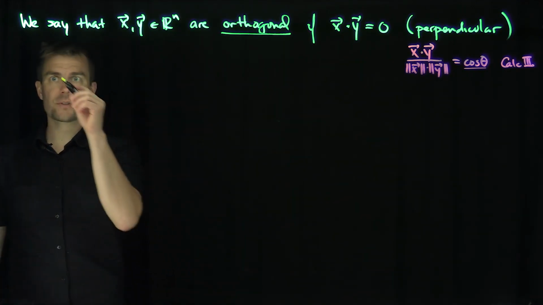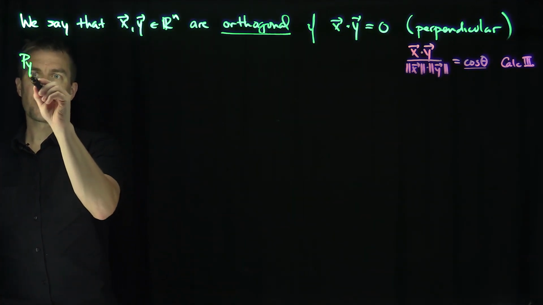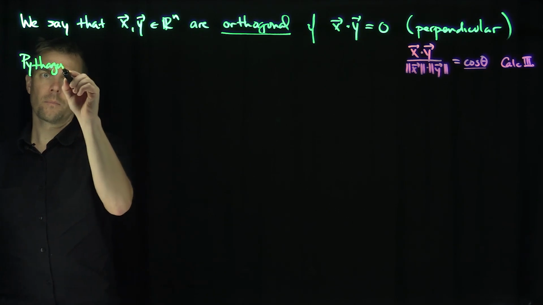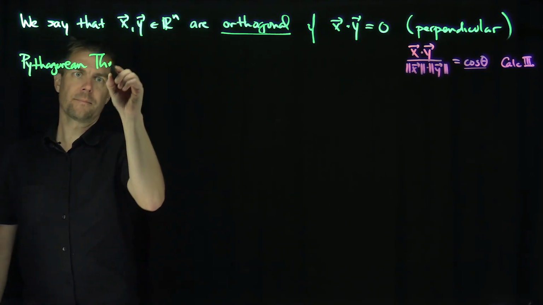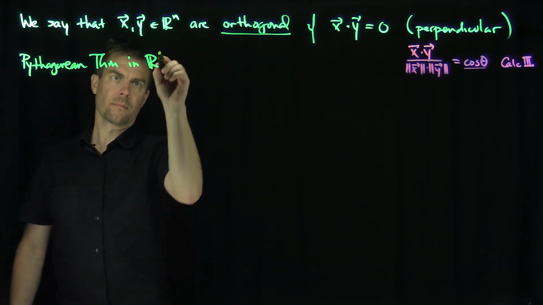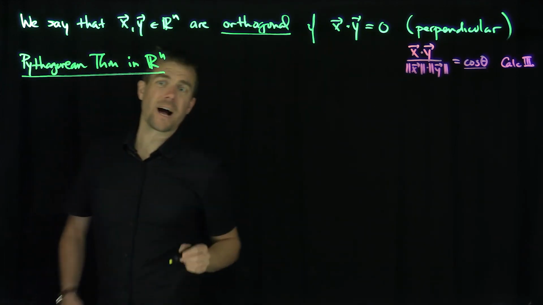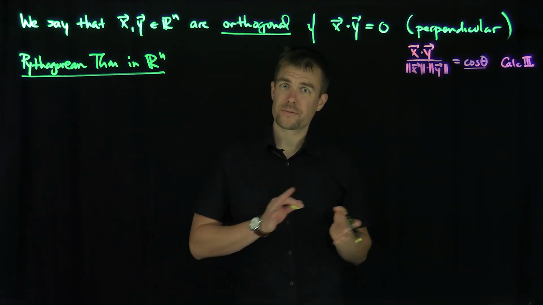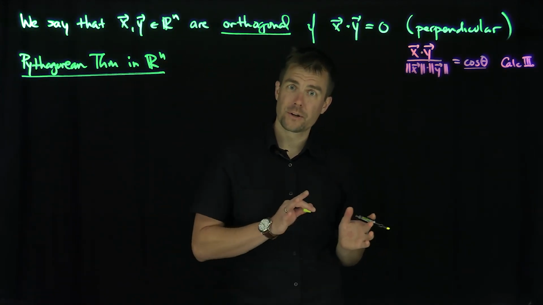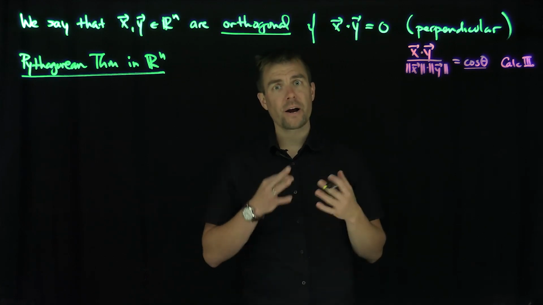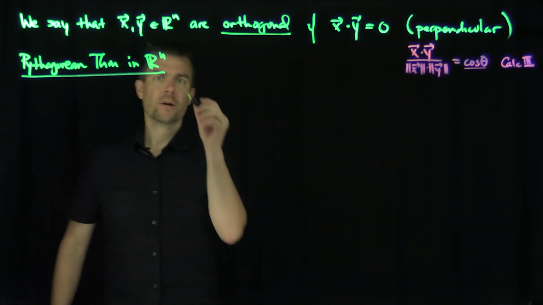So one immediate consequence of this is the Pythagorean Theorem in Rn. Again, we're talking about the Pythagorean Theorem in high-dimensional space. The ordinary Pythagorean Theorem is very simple to prove in classical Euclidean geometry, but we want to prove it in Rn using this notion of orthogonality. So what does this say?